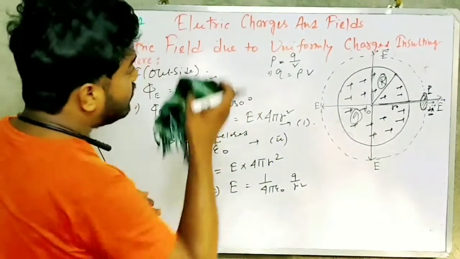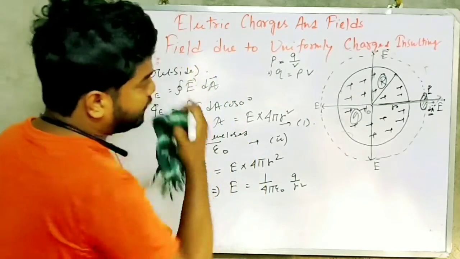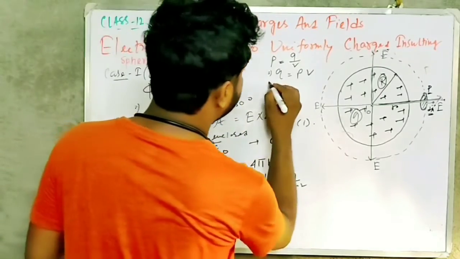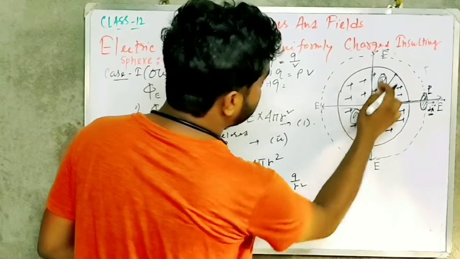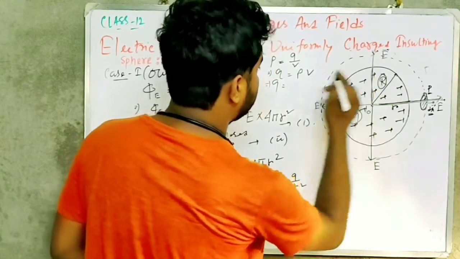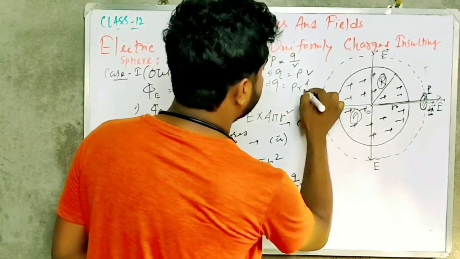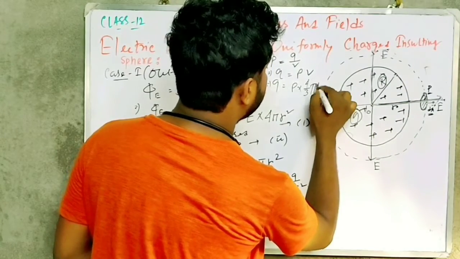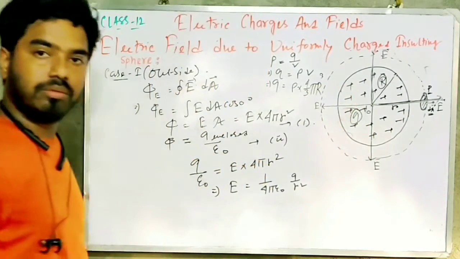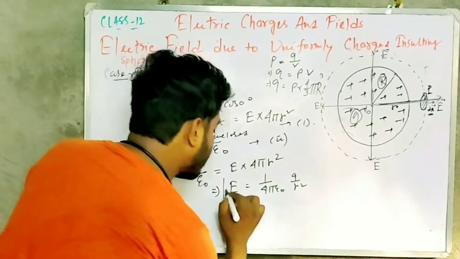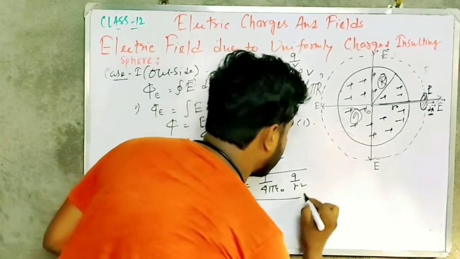Now what is V? V represents volume. Which volume? V represents the volume of this sphere, and here the radius is capital R, so the volume is 4 by 3 pi capital R cube. Clear? So this is one expression of electric field at the outside.